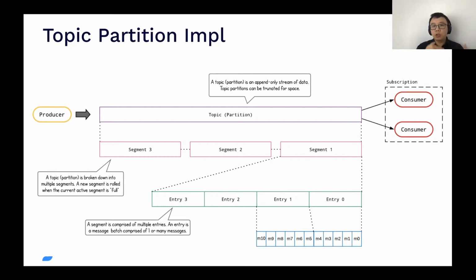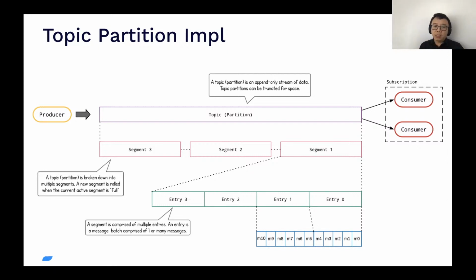The condition to judge if the current segment is full is based on time or size. For example, if based on size, I keep writing messages to the current active segment until reaching a certain point, like 64 megabytes, then Pulsar will roll over into a new segment and keep writing the messages into the new segment.